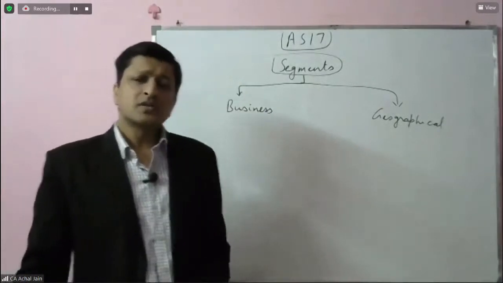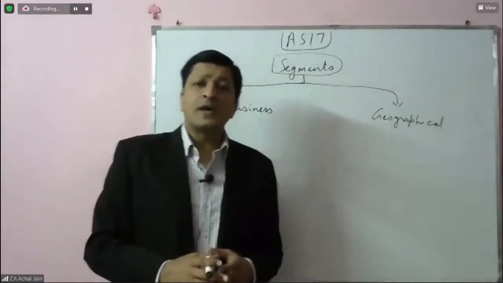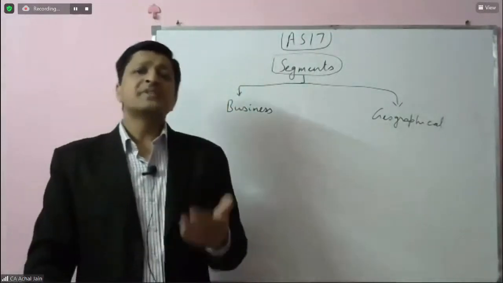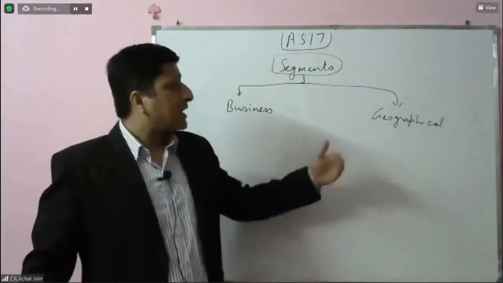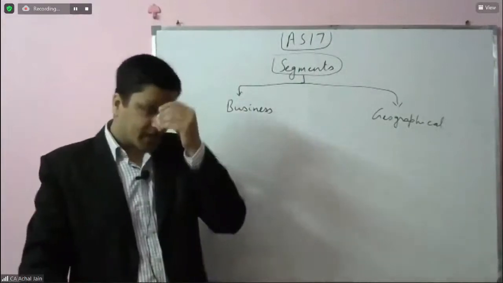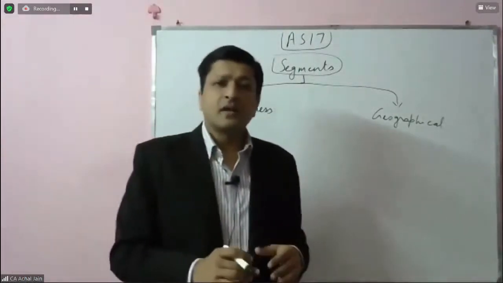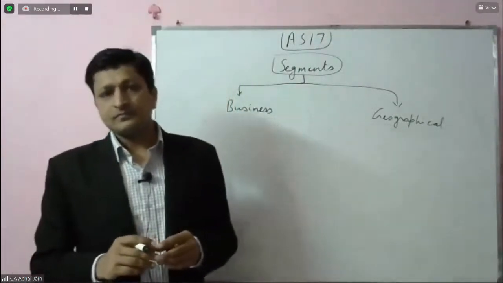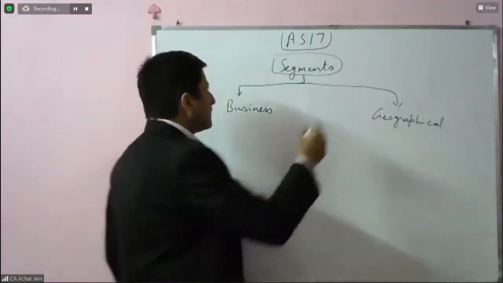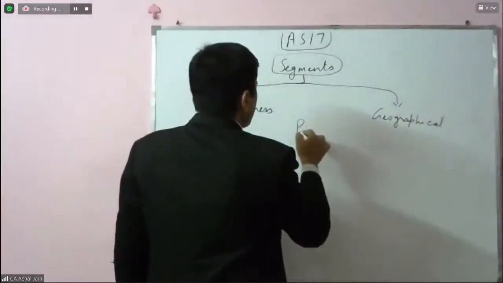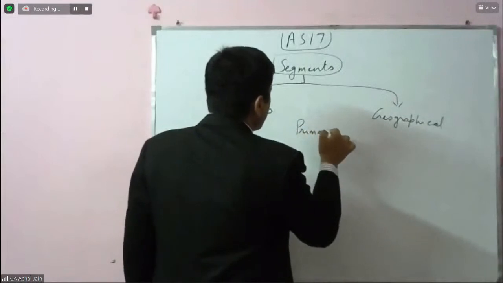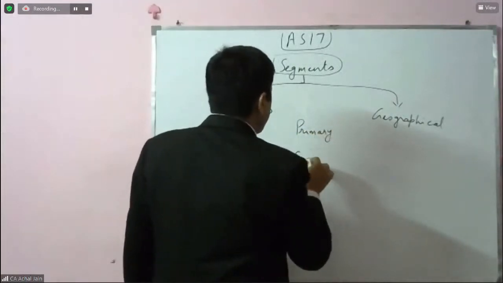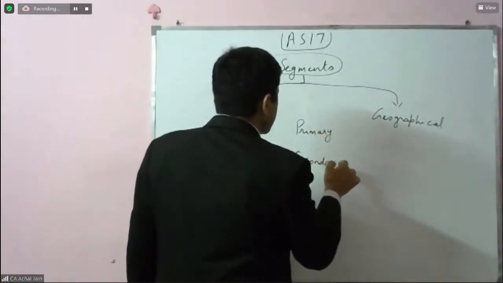This is because the disclosure requirements for the primary business segment or the primary geographical segment, or you can say the primary segment, are more. So we now need to check which segment will become primary and which will become secondary.